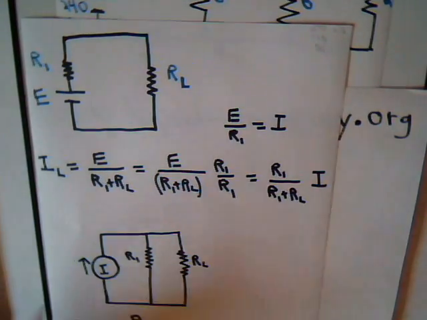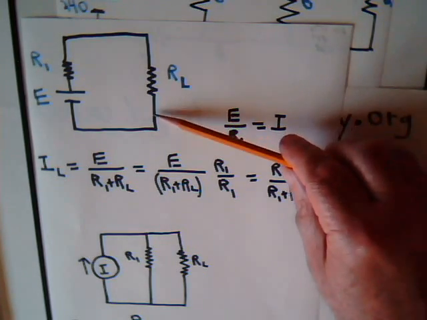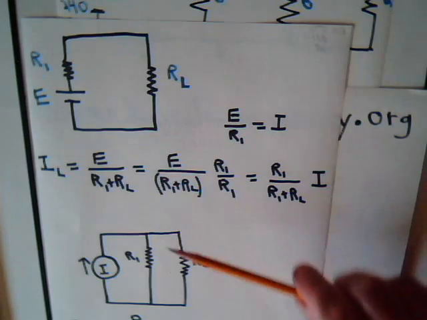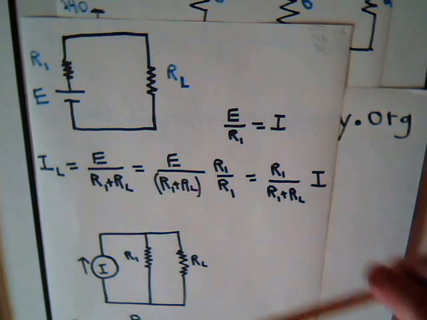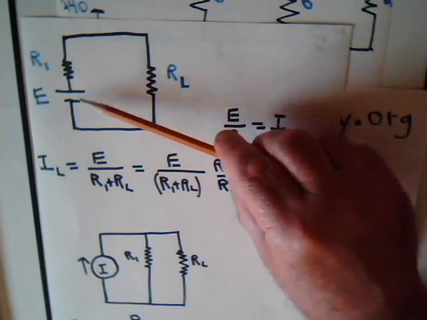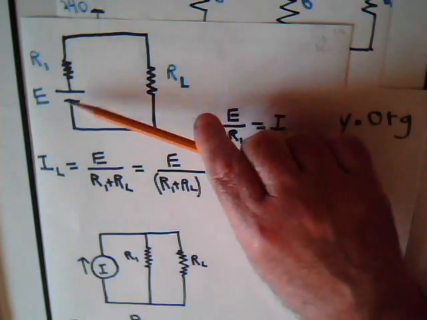And remember back in video number 22 when we discussed source conversions, a circuit like this is equivalent to this one in terms of the current and the power that they deliver to this resistor. Here we just have a voltage source and a resistor in series.